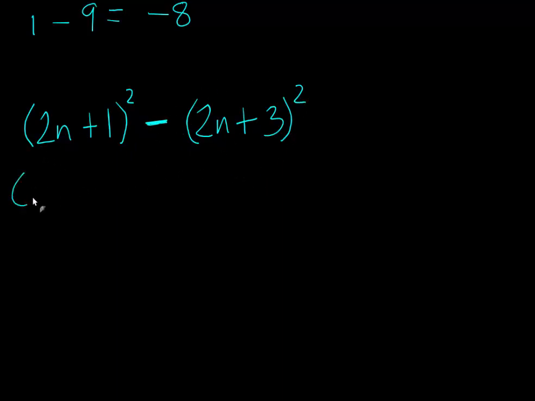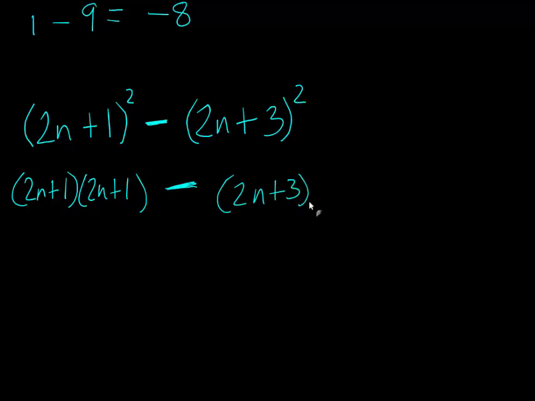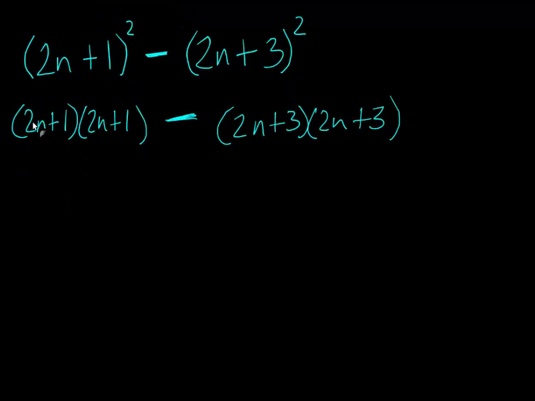So writing them out, 2n plus 1 times 2n plus 1, and we'll expand that in a second. Big minus sign, and 2n plus 3 times 2n plus 3, like that. So expanding it, 2n times 2n is 4n squared. 2n times 1 is plus 2n. 1 times 2n, plus 2n.